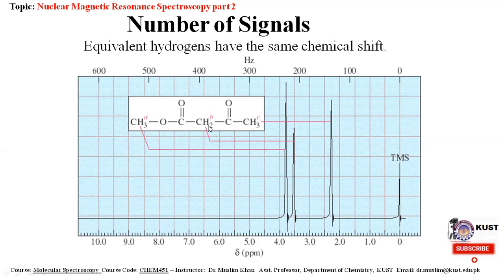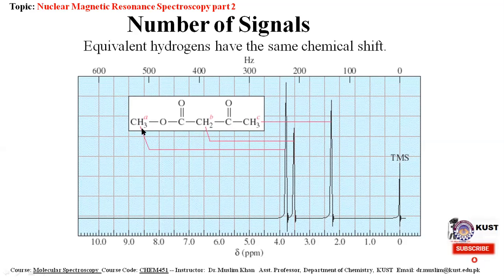So the environment of this hydrogen is different from this one, and the environment of this hydrogen is even different from this one, because this carbon atom has a hydrogen atom, but on the other hand this carbon does not have any carbon atom on this side. Also this carbon atom is attached to a carbon atom, not directly to oxygen like this carbon atom. So the environment of these three types of protons is different. That's why they are denoted by A, B, C.